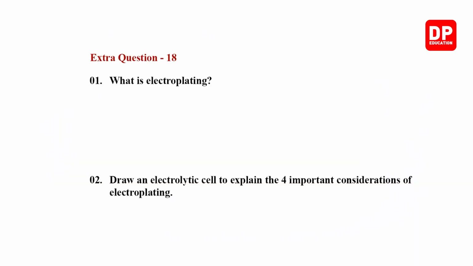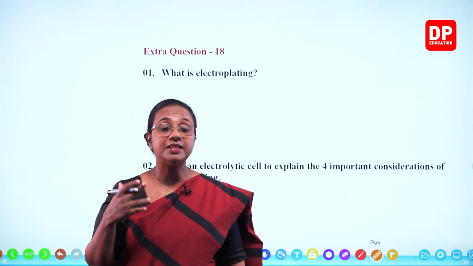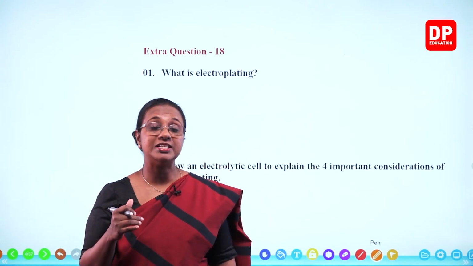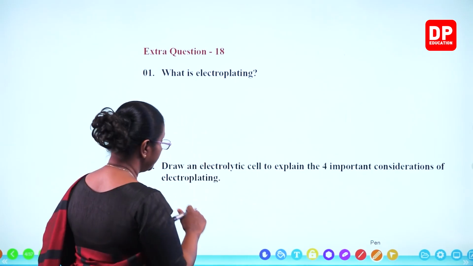Extra question 18. The first part, what is electroplating? Plating an object with a metal using an electrolytic cell is known as electroplating. So that is what you need to write here.